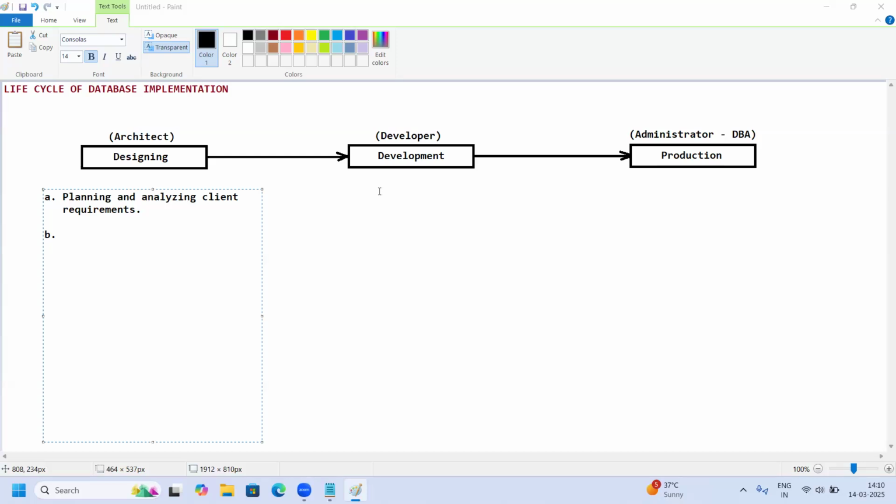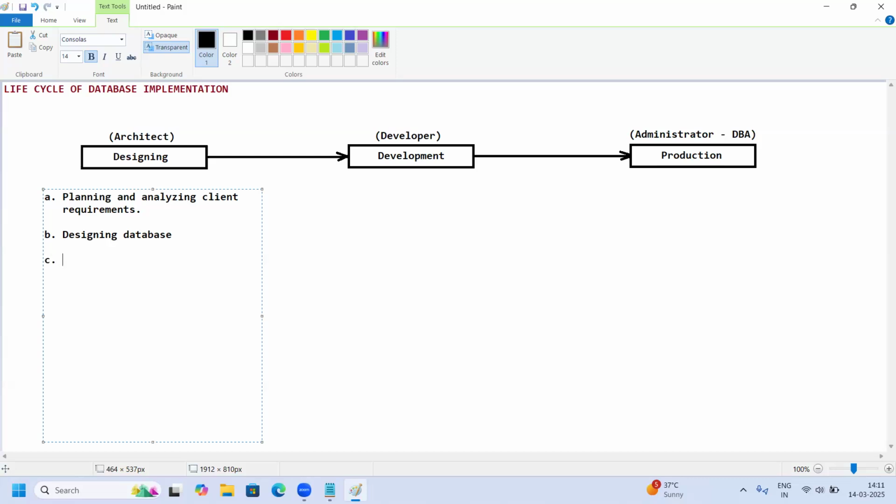And after you are clear about what the client needs, then you can go with designing the database.